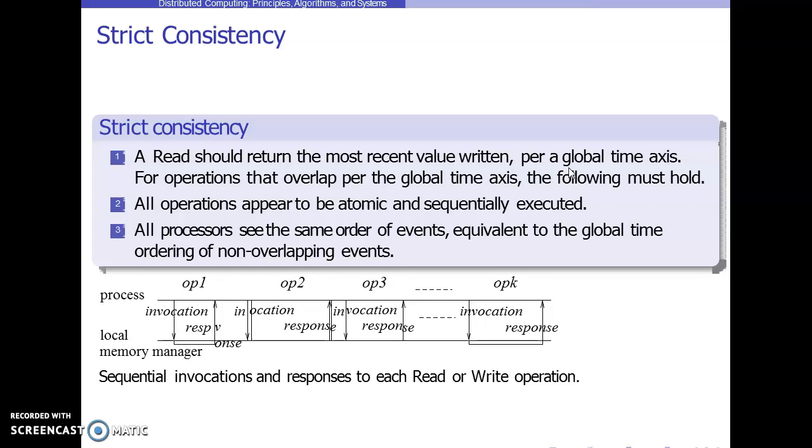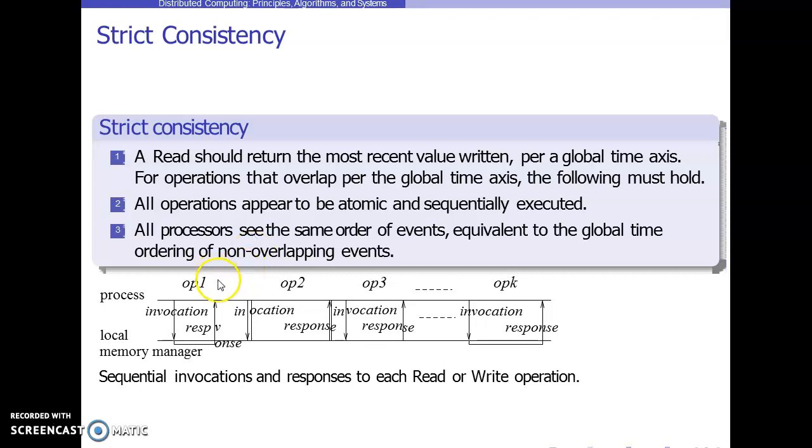The next property is that all operations appear atomic and sequential, so execution of all operations is sequential. The next important property is that all processes see the same ordering of events, which is equivalent to the global time occurrence of non-overlapping events.